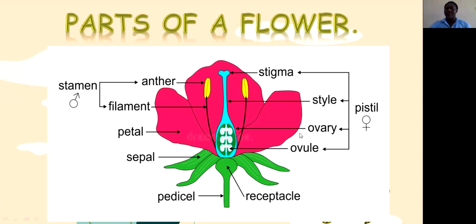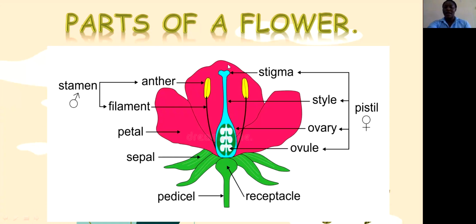So the female parts of a flower, stigma, style, ovary, ovule, are called pistil, and the male parts of a flower, anther and filament, one word, stamen. So male part, stamen, female part, pistil.